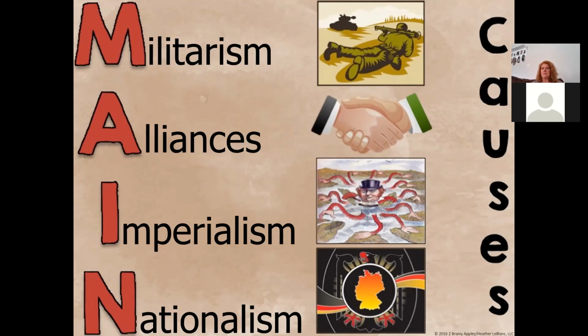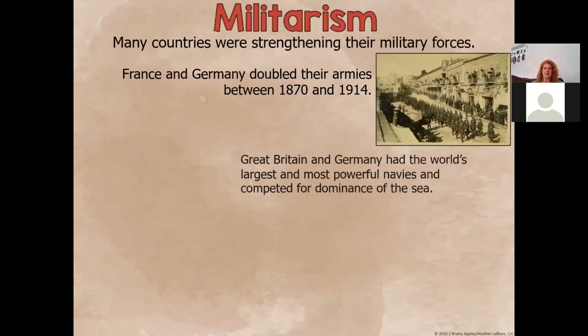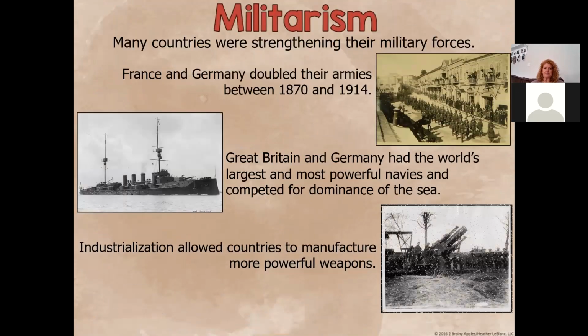Therefore, people were really bitter and angry about what borders they were living within because they didn't associate those with what they were nationally. Nationalism is just this strong sense of pride of what country you are from and what ethnicity you are. Okay, so let's talk about them at length.